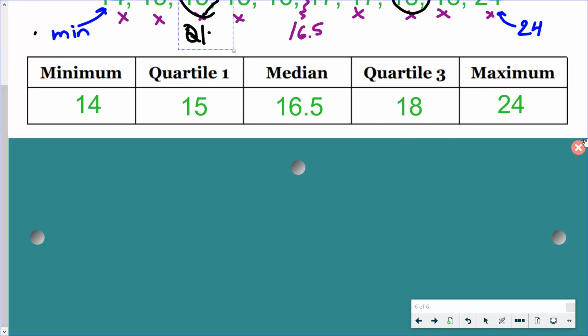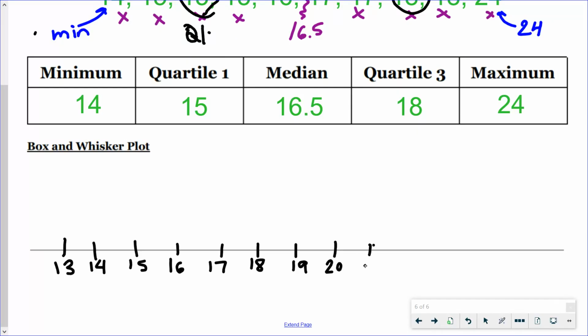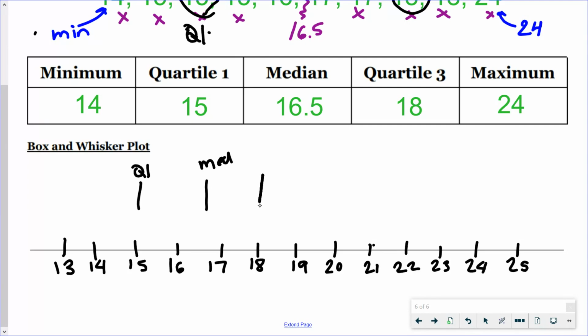Finally, I'm going to draw a box and whisker plot using that information. So I'm going to start by labeling the bottom, 13, 14, 15. And then I'm going to indicate my key pieces. So I have my quartile 1, my median, my quartile 3, sorry.